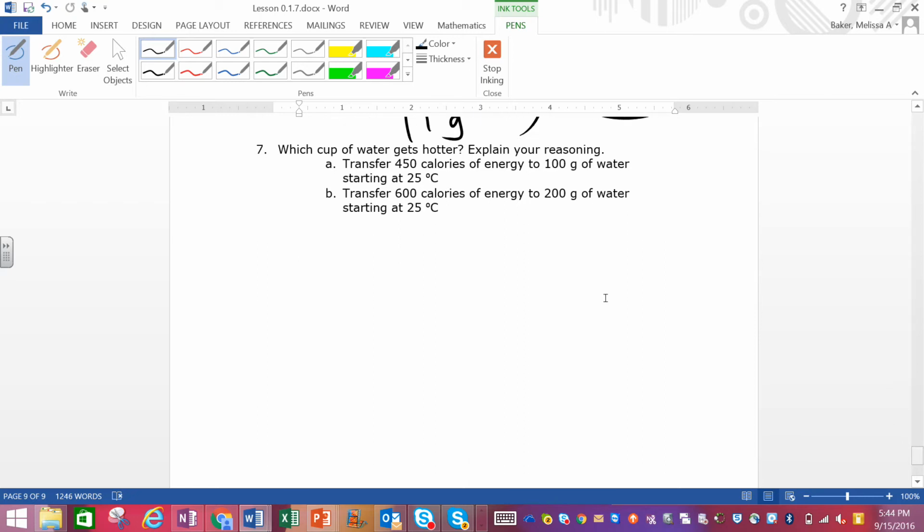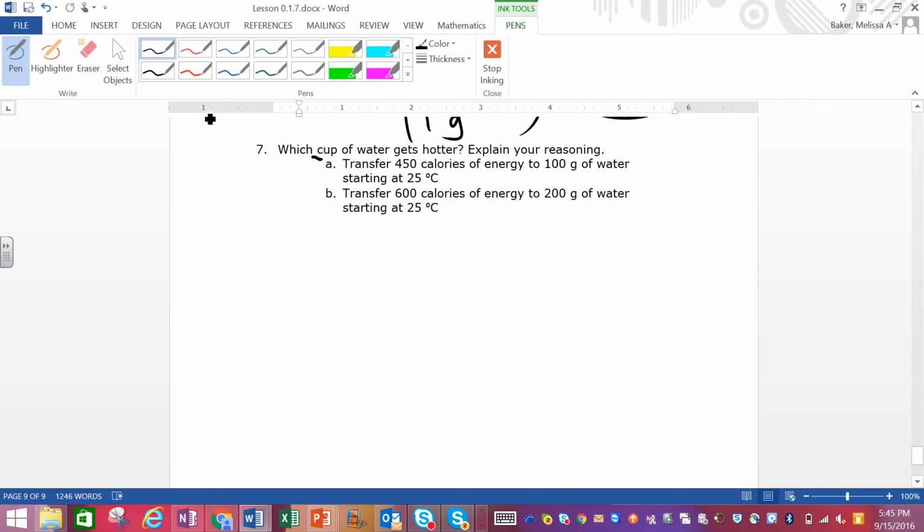Number 7. Last question. Woohoo! Which cup of water gets hotter? Explain your reasoning. If 450 calories is transferred to 100 grams of water that starts at 25 degrees Celsius, what about that versus 600 calories transferred to 200 grams of water starting at the same temperature?